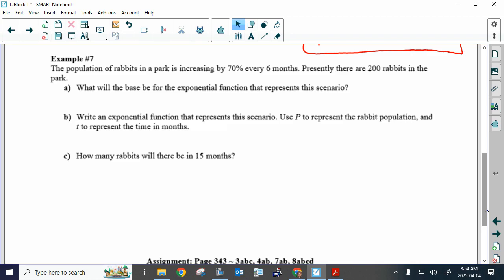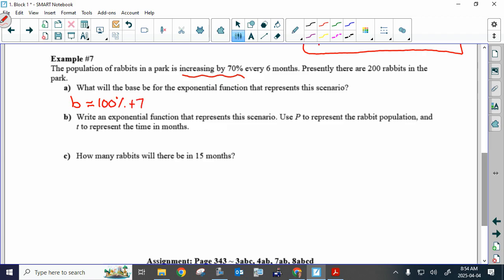So this is just one quick example that we had left here. It says the population of rabbits in a park is increasing by 70% every month. Now last year, when we did geometric growth, we talked about increasing and decreasing. When you're dealing with an increase of 70%, that means your b value is going to be 100% plus your 70%, which means my b value is 1.7.